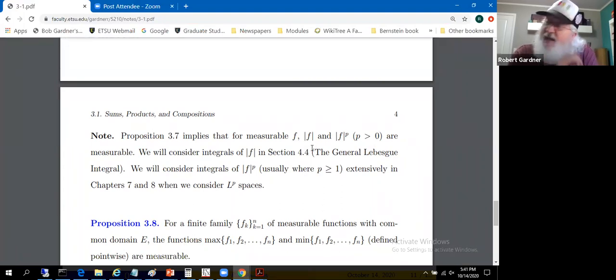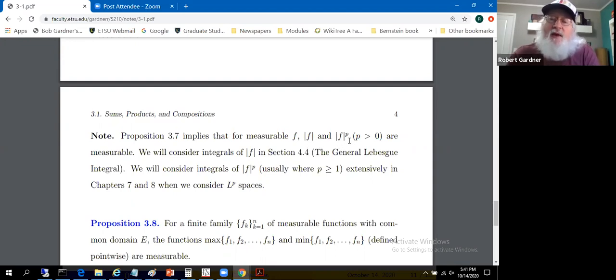So we've composed the absolute value function with the function F. Is the absolute value function defined on all the reals? And is it continuous? Yeah. Well, then there you go. Then the absolute value function is a continuous function. Taking the composition, the outer function being the absolute value function, the inner function being some measurable function F.